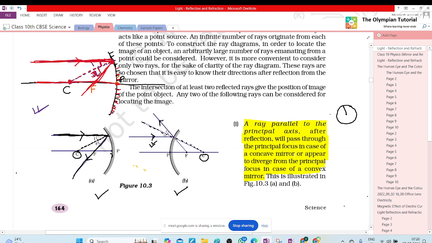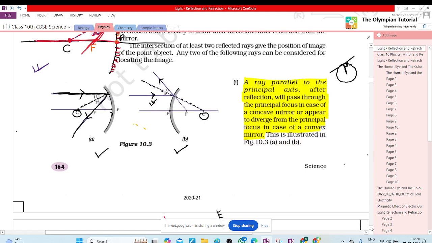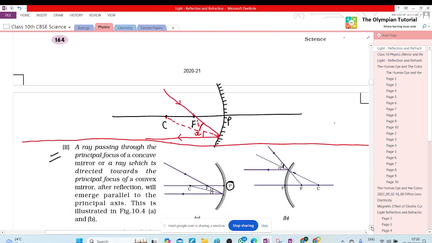So for a sphere, the radius is like this one. We just did this theorem in circles, and it makes a 90-degree angle. So the normal will always go through the center of curvature.